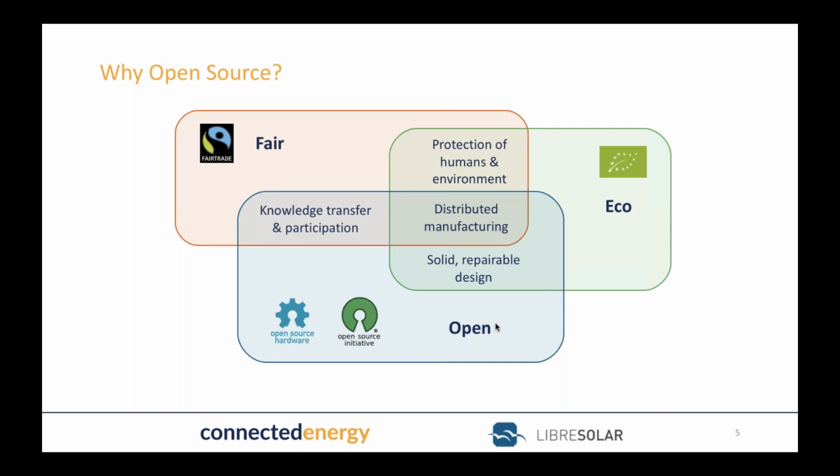A fully open design is the only kind of design that allows fully distributed manufacturing in the places where they are actually needed. And this brings together all three aspects, because it allows more fairness because of more local value addition, and it has less ecological footprint because of less energy needed for transportation.